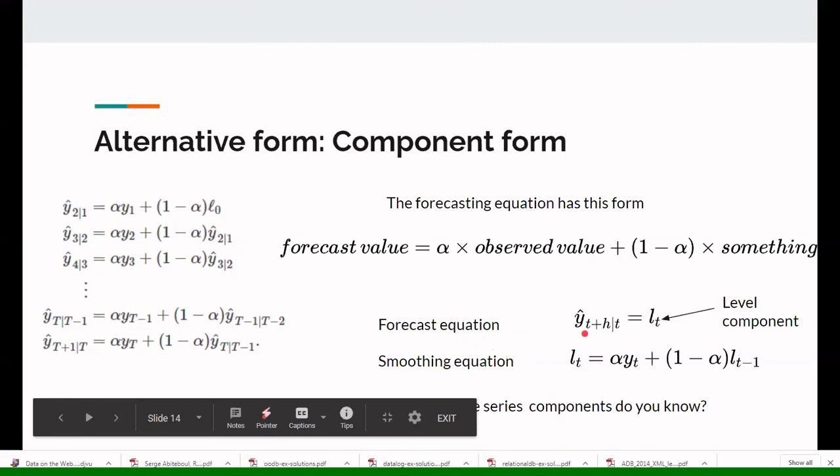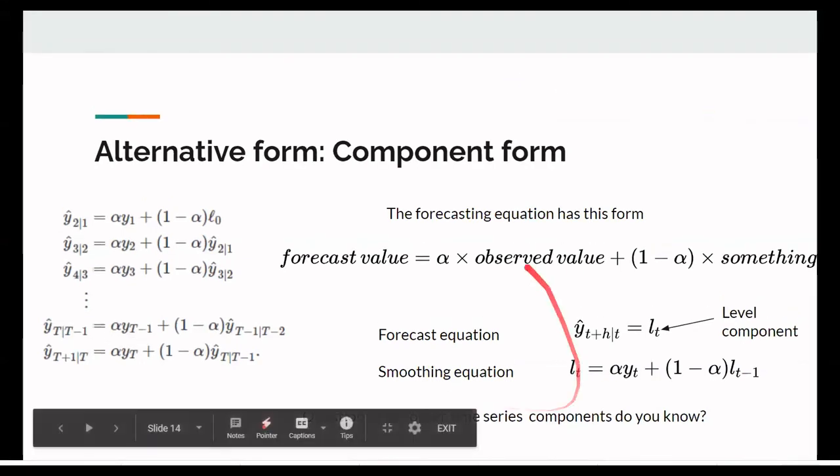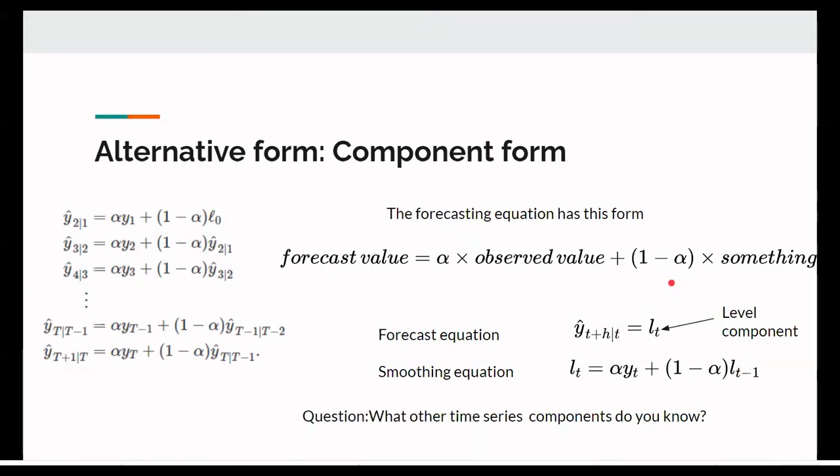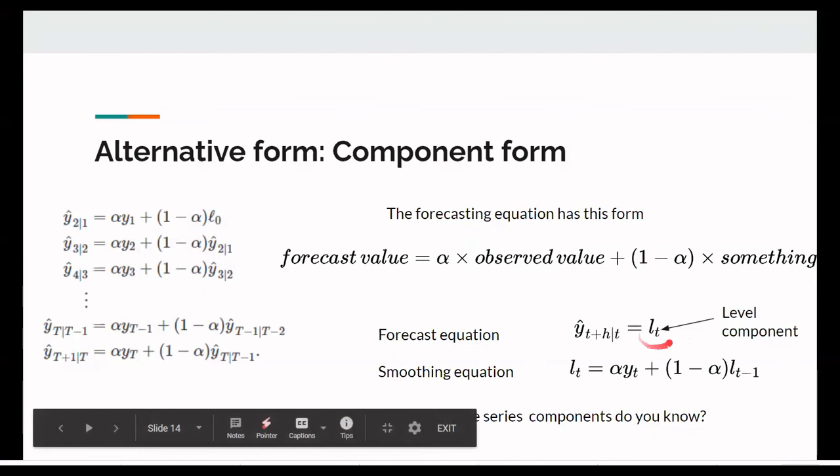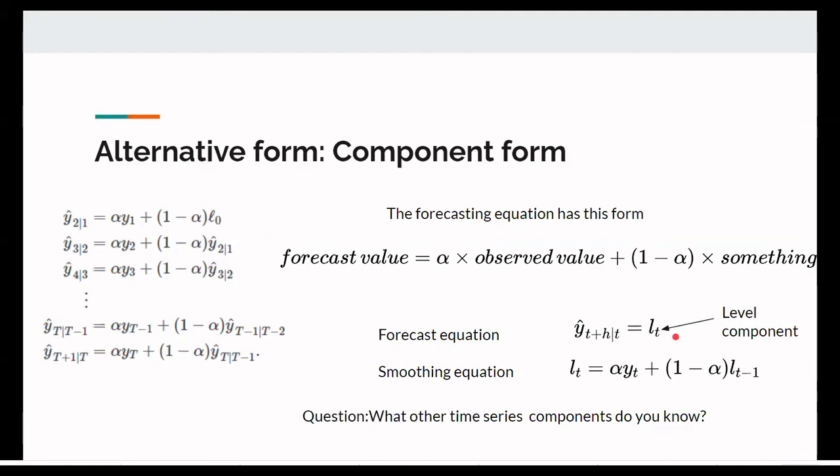So itong simple forecasting method natin, hindi pala siya mag-apply kung ang ating time series ay meron siyang seasonality, meron siyang trend, kasi ang kanya lang is level component. So level component meaning kung ano lang yung value niya. Like for example, how far is it from zero? That's what simple exponential smoothing does.